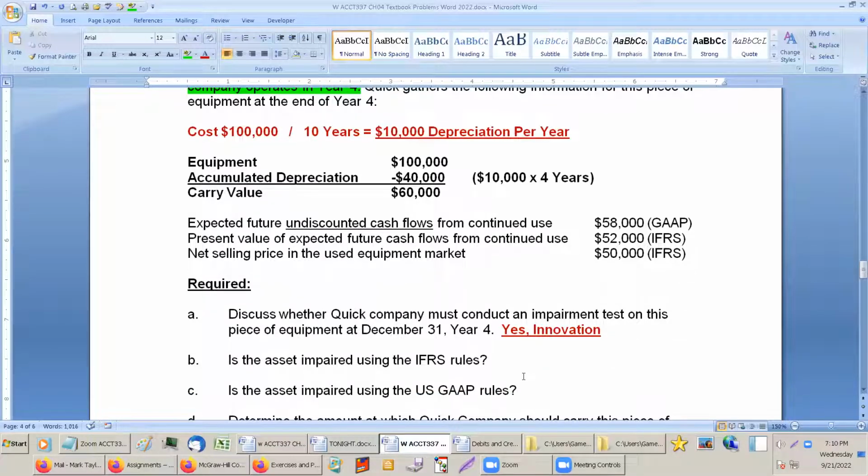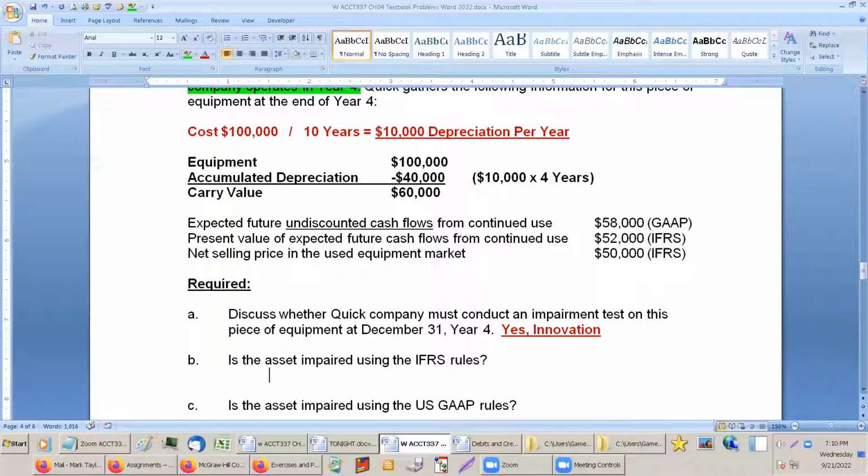Okay, asset impaired on IFRS rules. Carrying value is 60,000, versus the discounted cash flows, 52,000. Yes.